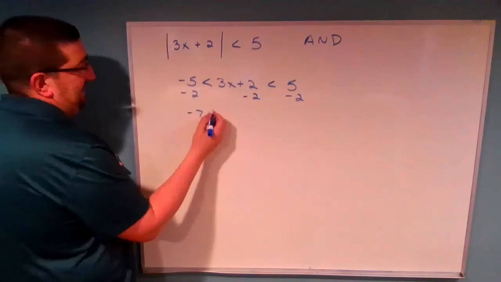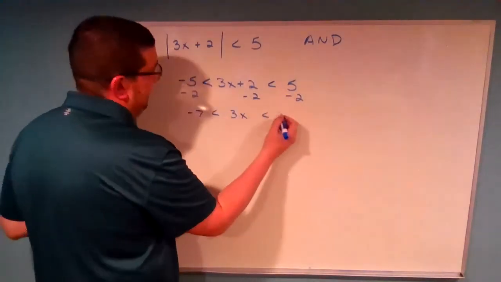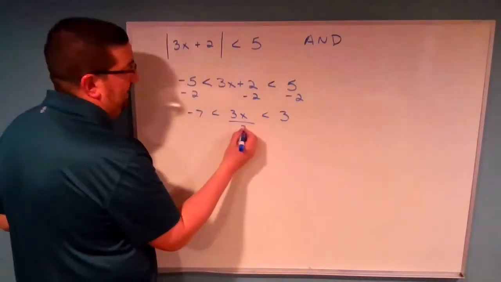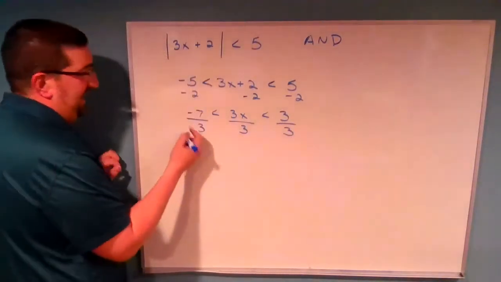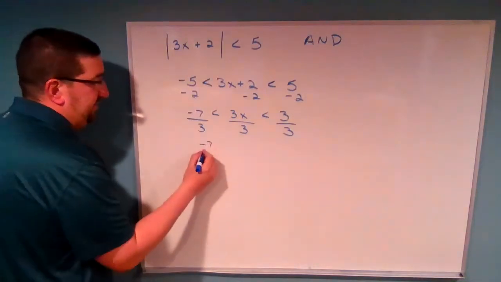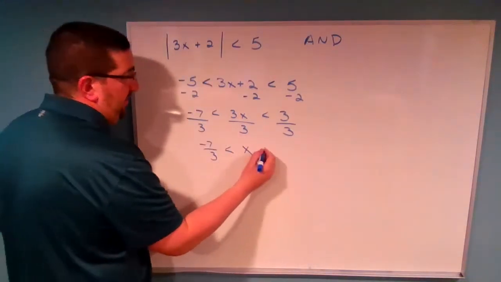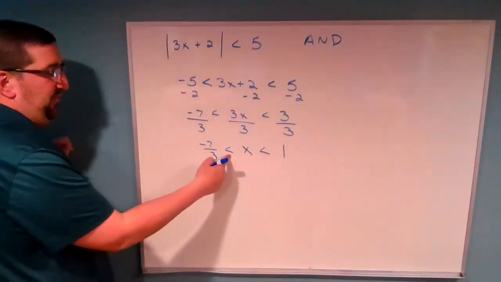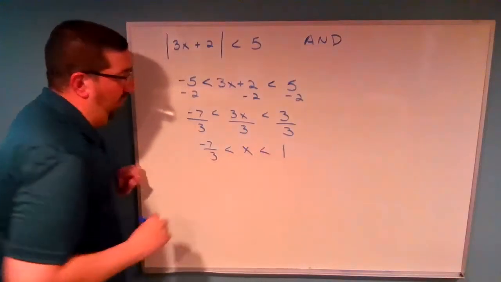So negative 7 is less than 3x, which would be less than 3. Then we have to divide everything by 3. So negative 7/3 would be less than x, which would be less than 1. So we would read this that x has to be greater than negative 7/3 and less than 1.